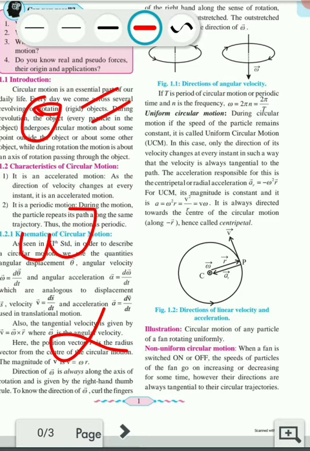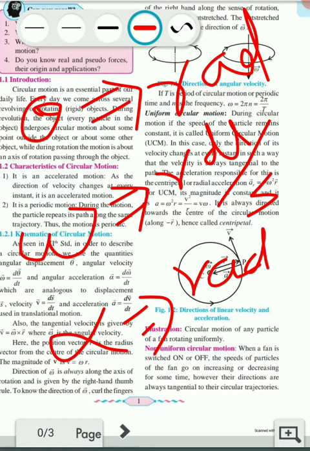The SI unit of angular displacement is radian. The SI unit of angular velocity is radian per second, and angular acceleration is radian per second square. Okay, now we define all these three parameters.